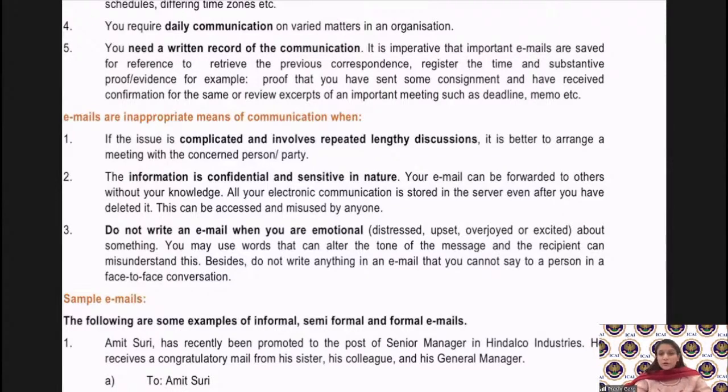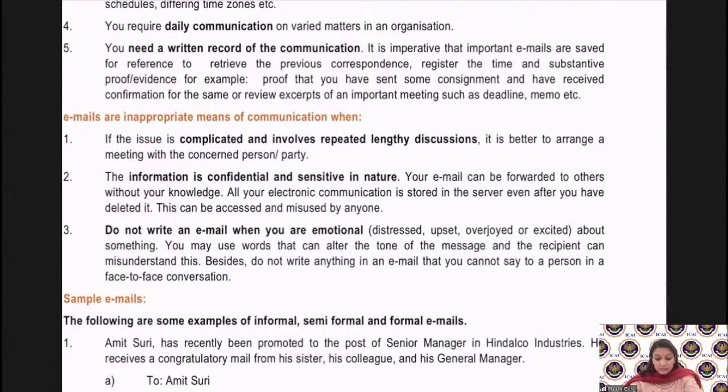For example, you are working on your system, you get a call and walk out, and somebody uses your system and forwards that email to somebody else, so your confidential information can be passed on. A lot of information is also stored on the server even if you delete it, so the information can be misused.